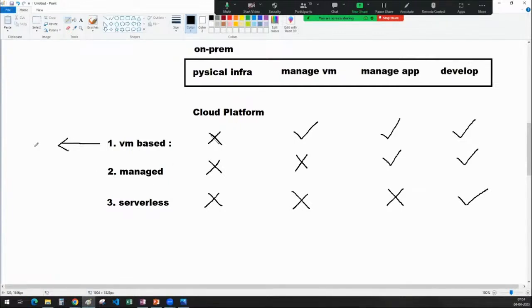So if you go to the VM based, you can look at Compute Engine. Okay, Compute Engine is there. Kubernetes Engine is there, GKE. So these all come under VM based services. Guys, if you look at the managed services, we are looking every day at managed or fully managed.